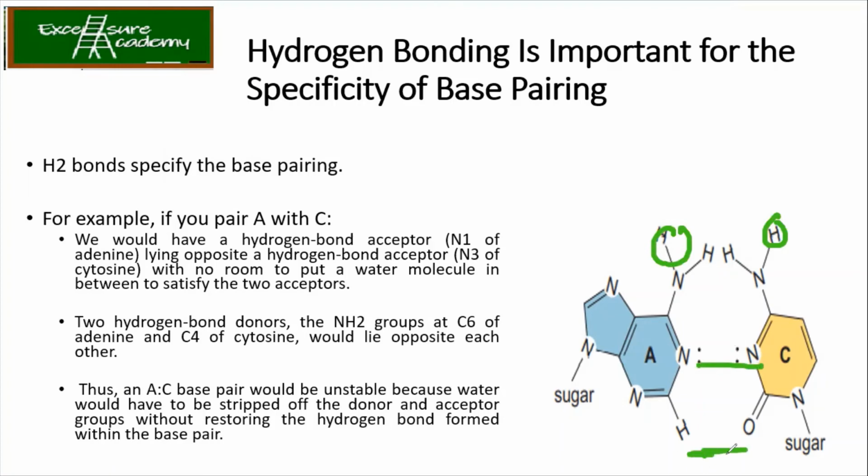And here the distance is very far, and this is not the acceptor over here. Not even one hydrogen bond can be formed, leave aside 2 or 3 hydrogen bonds, and that's why base pairing between A and C is not possible. Now it is clear with the structure why the hydrogen bonds are not present between A and C, and why bond formation is specific between adenine and thymine and guanine and cytosine.